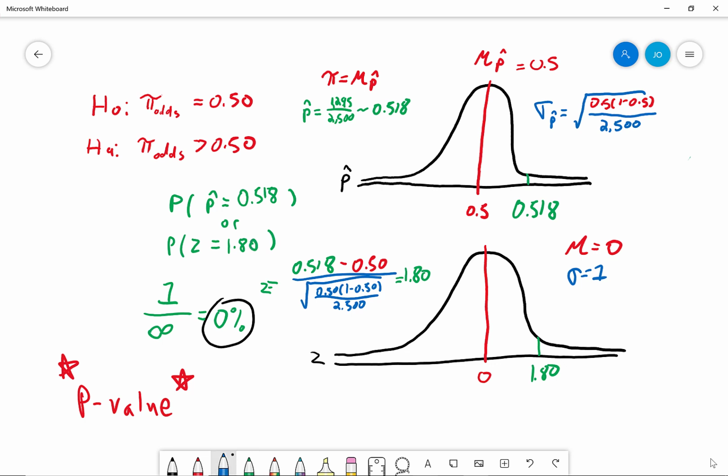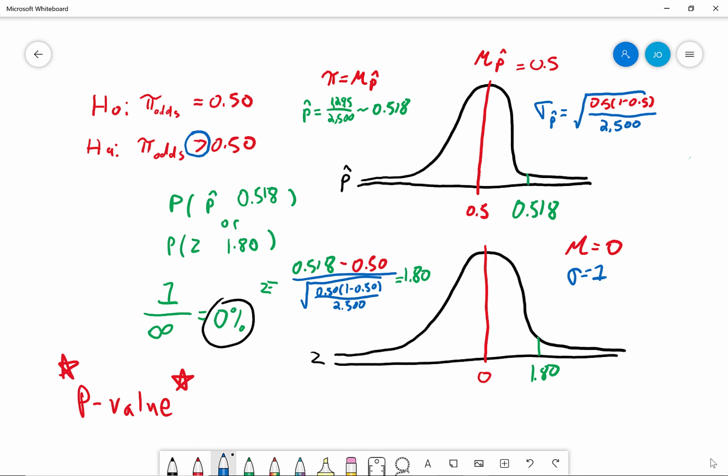But what we're going to do is not find those exact likelihoods. We're going to find more extreme outcomes as well. And what we're going to determine as more extreme is coinciding with our claim, our HA.